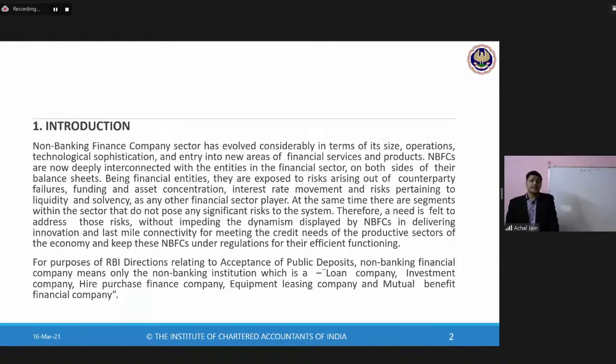But it's not exactly similar to banks. It's not exactly similar to all the functions played by the banks today. There are also certain striking differences between banks and NBFCs. So let's try to understand what are the roles being played by NBFCs.